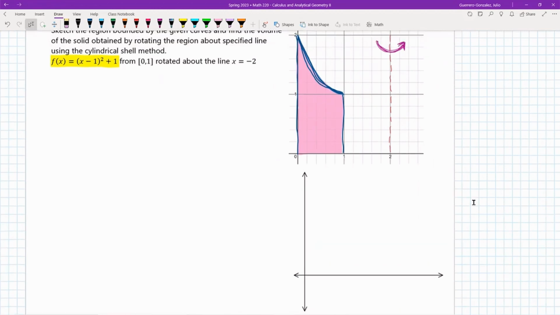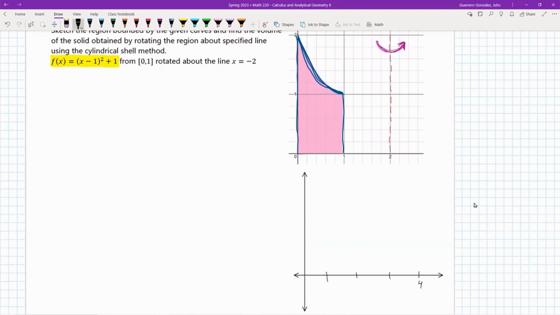If you think about it, the middle line, the center, is our x equals negative 2 line, that dotted red line that we have there. I want to revolve this around that line. So the other end of my shape is going to be at around x equals 4. So I'm going to do 1, 2, 3, 4.